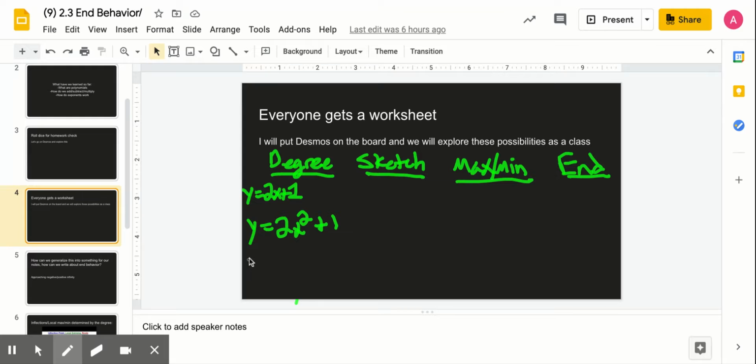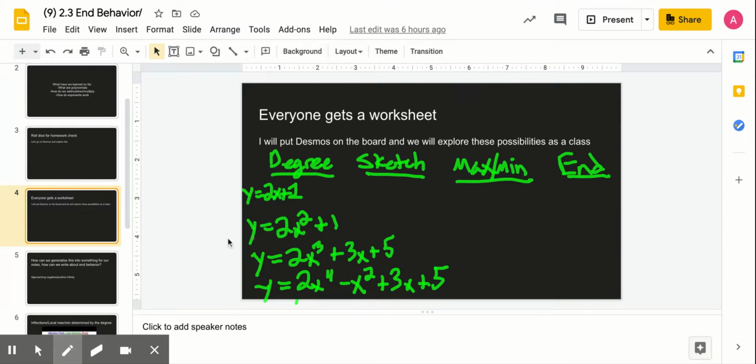Moving to the third degree could be something like y equals 2x cubed plus 3x plus 5. Going to the fourth degree, we could do y equals 2x to the fourth minus x squared plus 3x plus 5, right? I am making this up randomly.